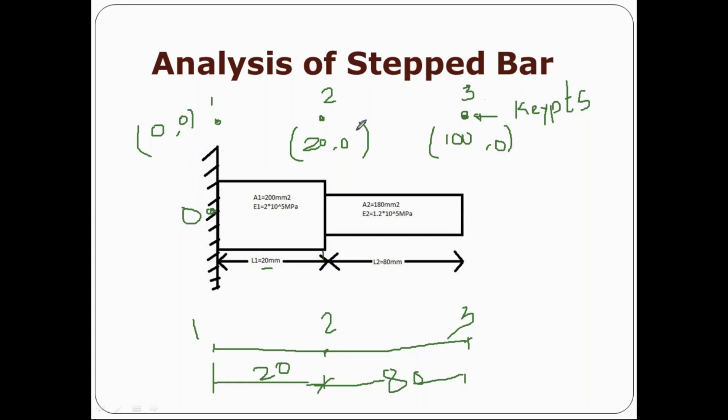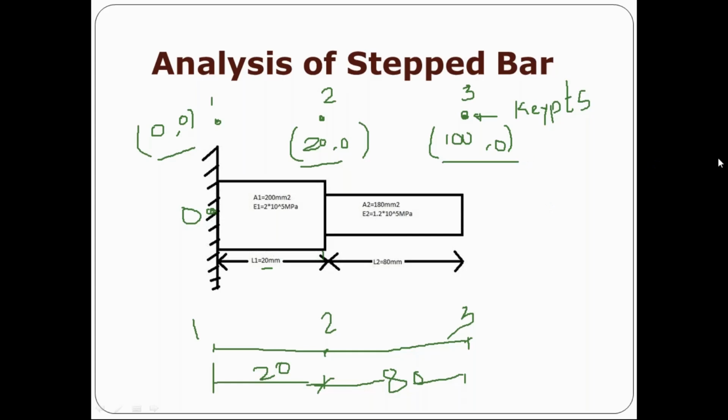If you are measuring the distance from the second point, you can also write 80, 0. That is also right. Now I'm drawing the same points. Keep in mind the coordinates: first point 0, 0, second point 20, 0, third point 100, 0.